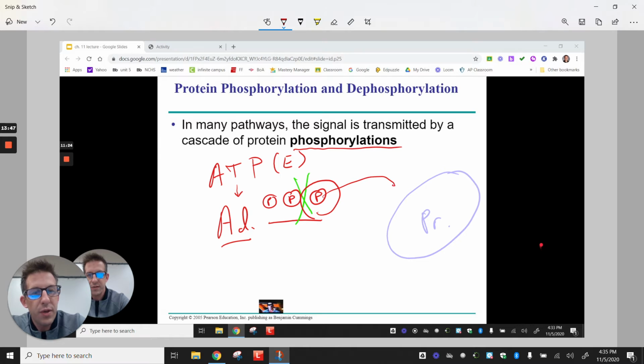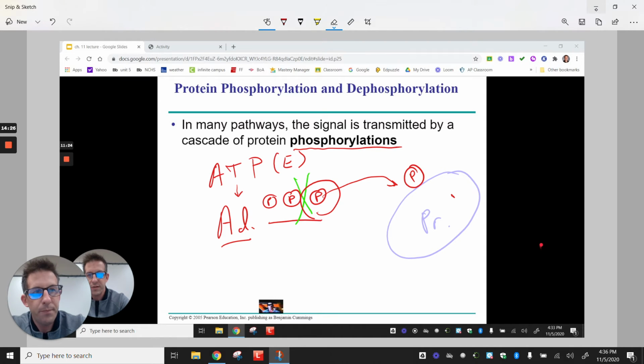That phosphate group actually gets attached or added to the protein. And at this point, this protein has been activated. It has been phosphorylated. So by taking one of these terminal phosphates off of the ATP and attaching it to a molecule, we activate it. Effectively, we impart the energy of the ATP to this protein right here. And so we now have an active phosphorylated protein. And now it can go activate other stuff.